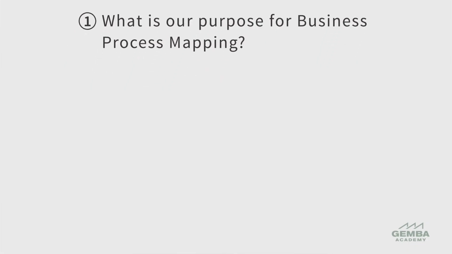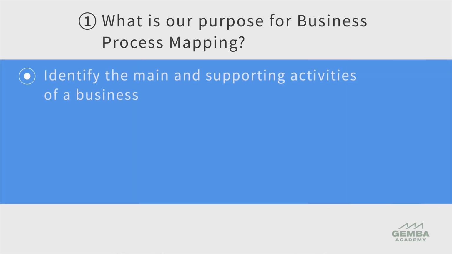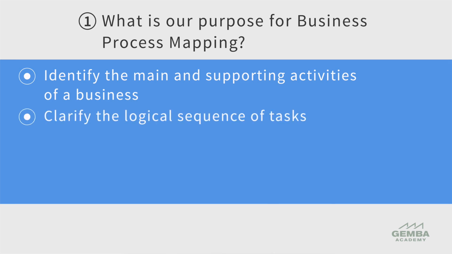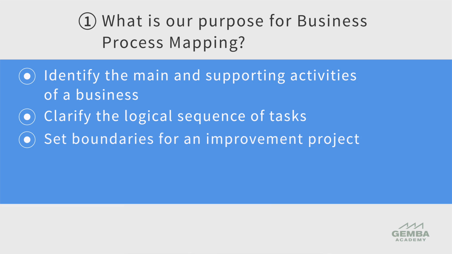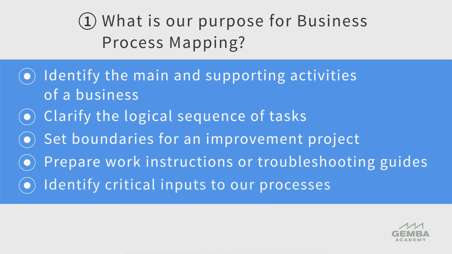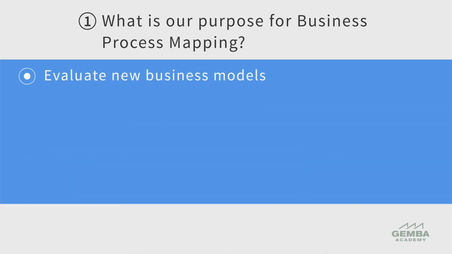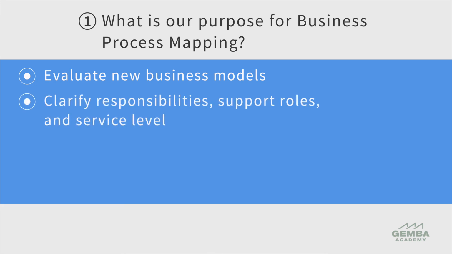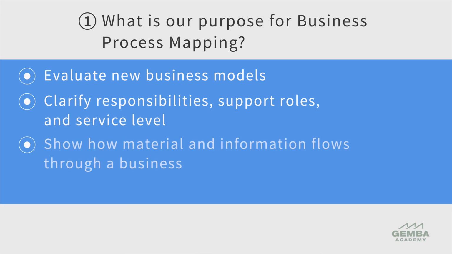First, we clarify our purpose for business process mapping. This may include needs such as identifying the main and supporting activities of a business, clarifying the logical sequence of tasks, setting boundaries for an improvement project, preparing work instructions or troubleshooting guides, identifying critical inputs to our processes, evaluating new business models, clarifying responsibilities, support roles, and service level, showing how material and information flows through a business, etc. We might answer, yes, all of that, but it's important to take this step by step and not try to go broad and deep all at once.